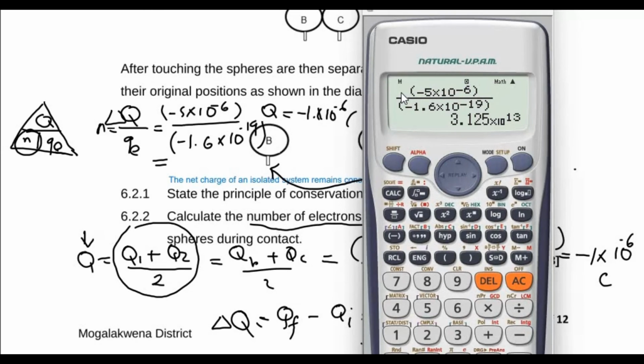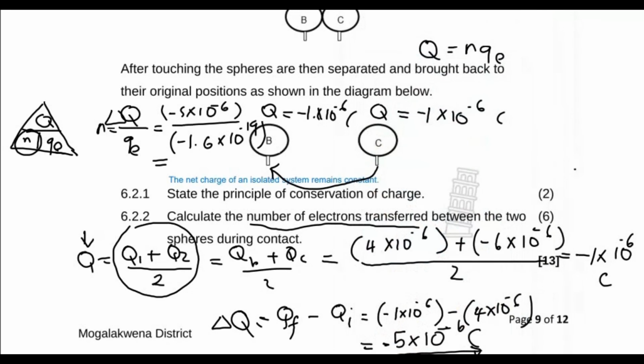That is going to give us 3.13, because we are interested in 2 decimal places, to the power of 13. 3.13 multiplied by 10 raised to the power of 13 electrons.